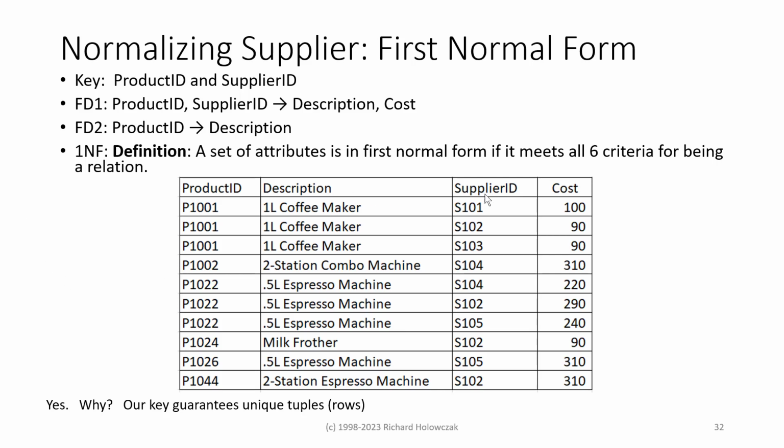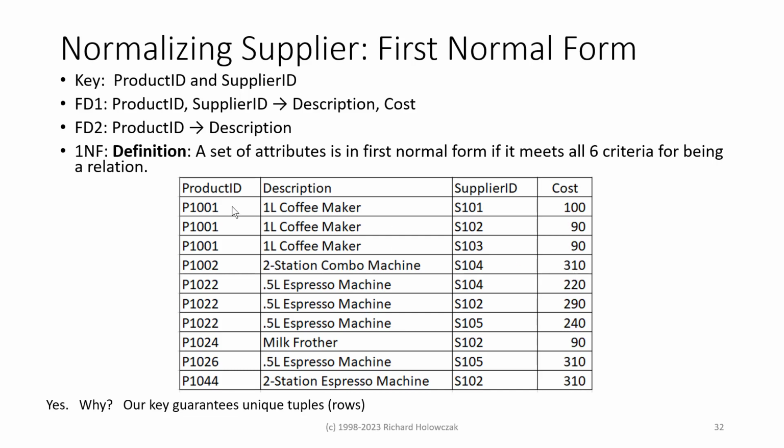The names of the attributes have to be distinct. The order doesn't matter. The values underneath are single valued. We can see all of that. And the values are of a common data type. Product, they all start with P and then have some number after it. Description is all alphanumeric. Supplier ID, similar kind of thing. And cost is all numeric.